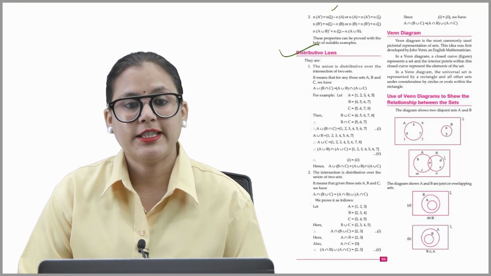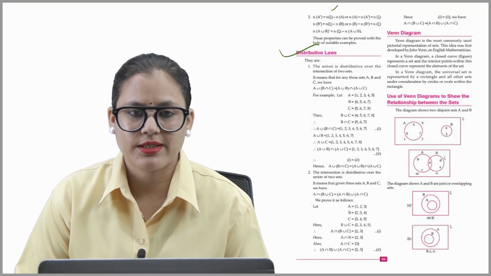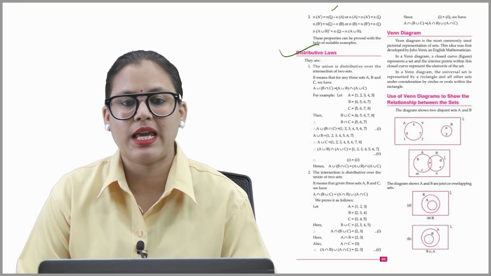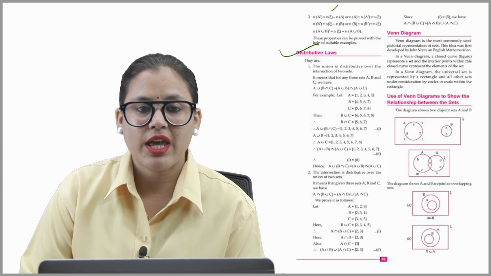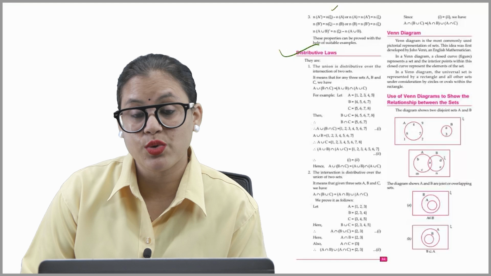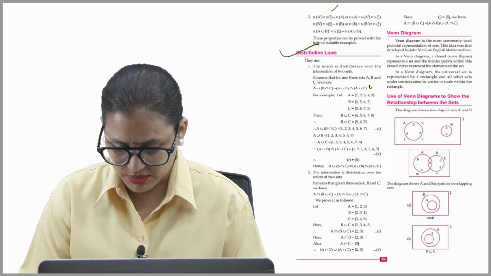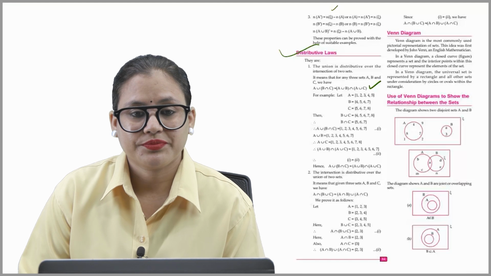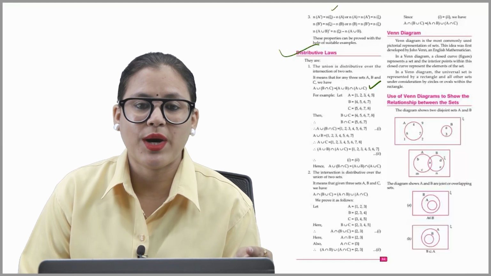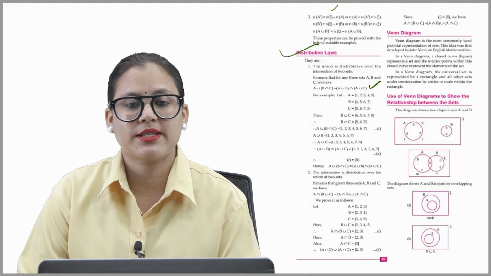Distributive laws, they are: number one, the union is distributive over the intersection of two sets. It means that for any three sets A, B and C, we have A union (B intersection C) is equal to (A union B) intersection (A union C). Okay, remember that. For example, let A be 1, 2, 3, 4, 5 and B be 4, 5, 6, 7 and C be 5, 6, 7, 8.